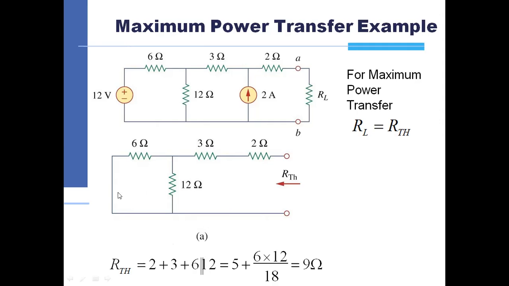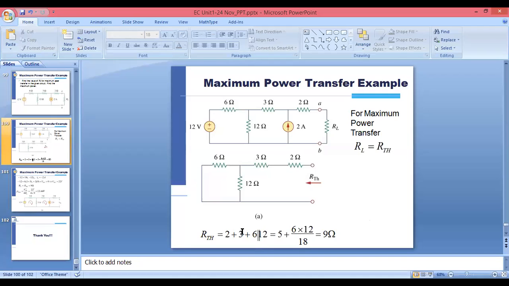And for the 6 and 12, these are in parallel. So you can take 6 into 12 upon 6 plus 12, that will be the resistance for this. Here we are supposed to find the value of the Thevenin equivalent.